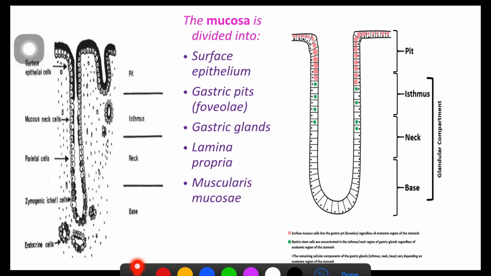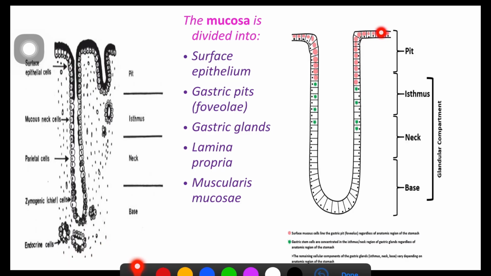It is divided into, first, surface epithelium. See here, this is the surface epithelium, and gastric pits or fovea. Fovea or gastric pits are nothing but pit-like or depression-like areas, and there are gastric glands, lamina propria, and beneath the glands there is muscularis mucosae.